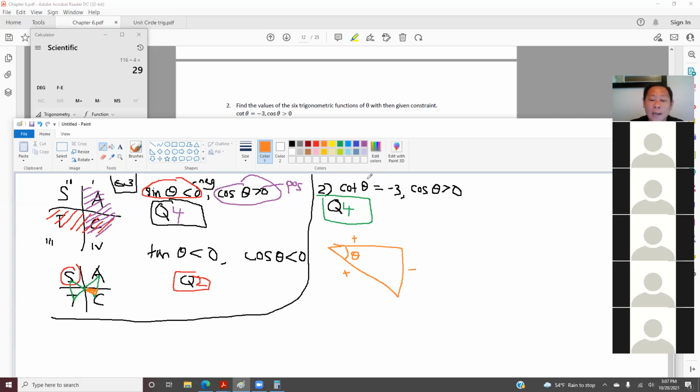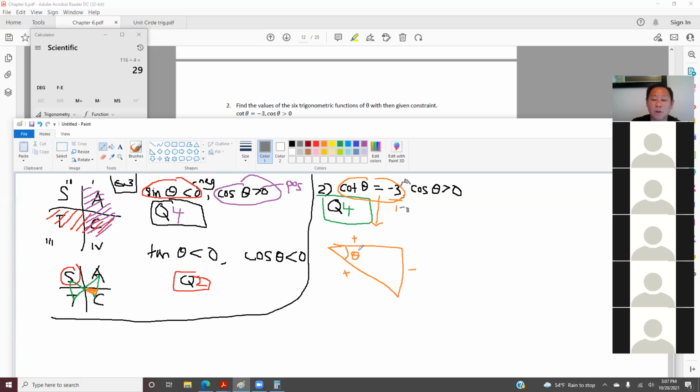Can you apply SOHCAHTOA here? So this is over 1. So what is cotangent? Cotangent is what over what? The adjacent over the opposite.